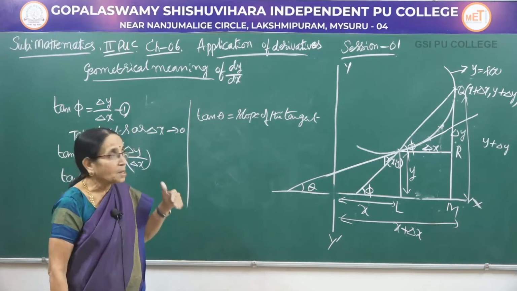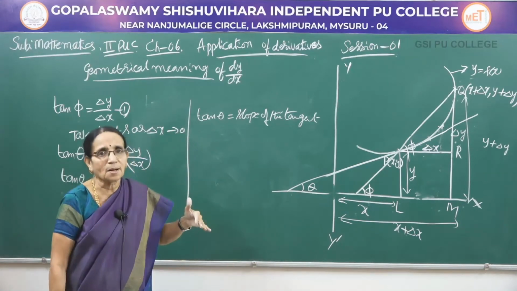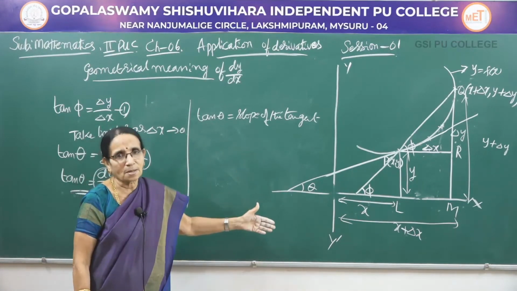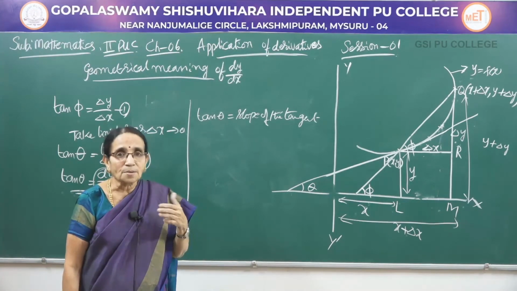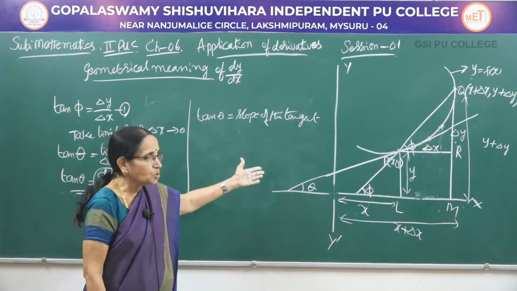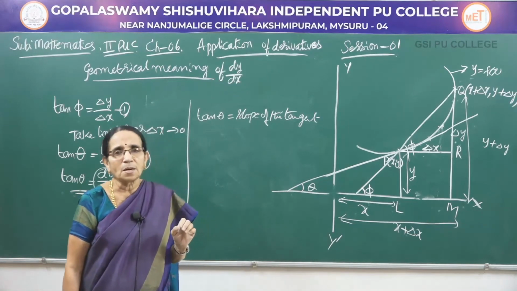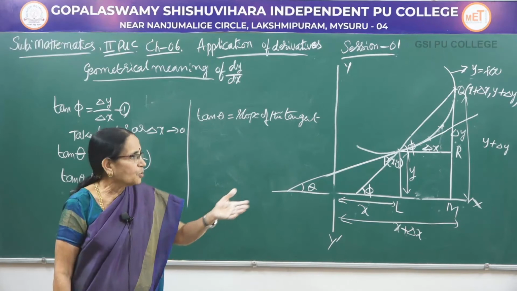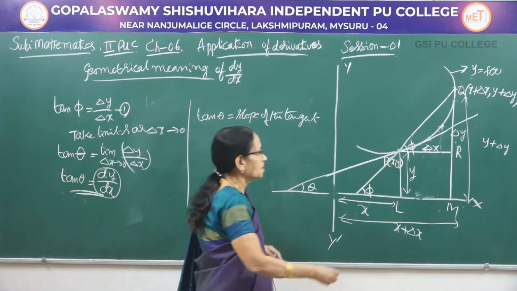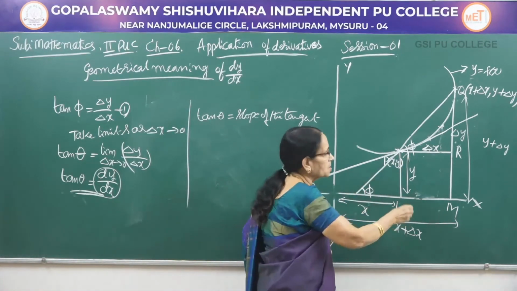To know what exactly it means geometrically, we have done all these calculations. So, you know how to find dy by dx. What exactly is the meaning, I have shown you here. When you calculate dy by dx, it is some function, of course at a particular point. See, now the tangent has been drawn at this point.